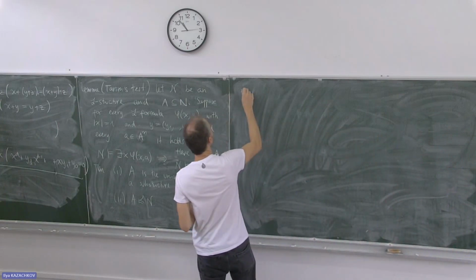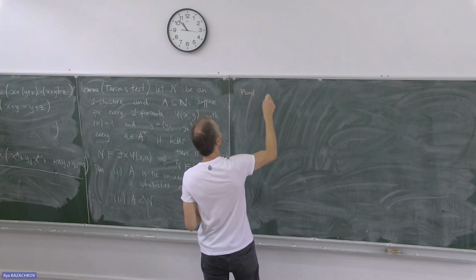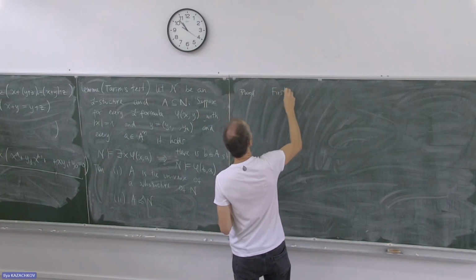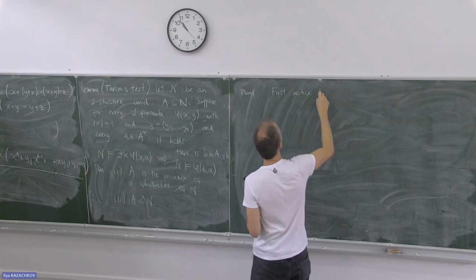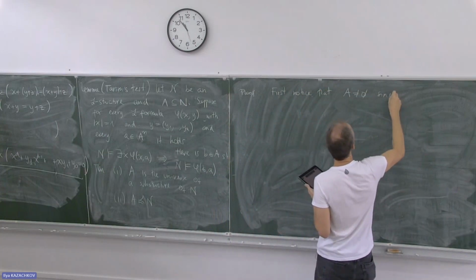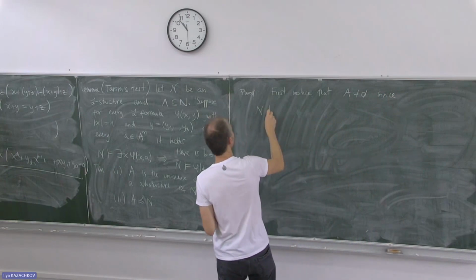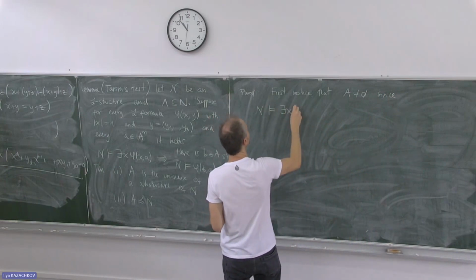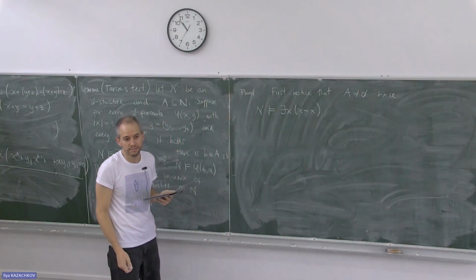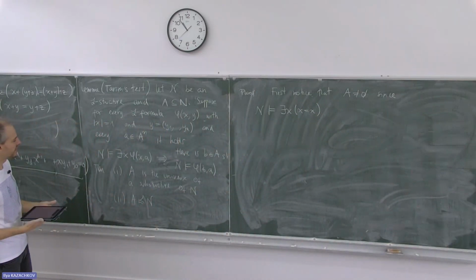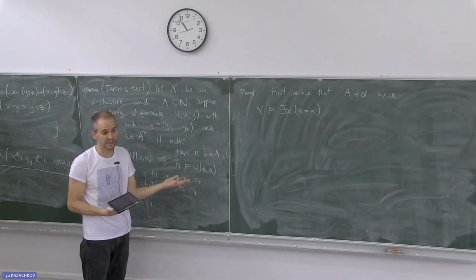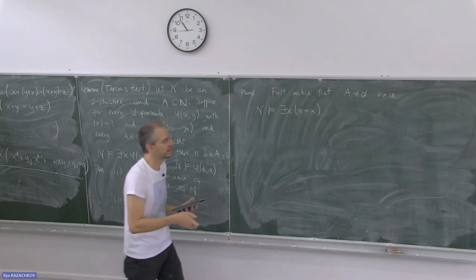So, proof. First, notice that A is non-empty since N satisfies this formula, right? N satisfies this formula, and if this formula is satisfied, it must be satisfied by a witness in A, right?